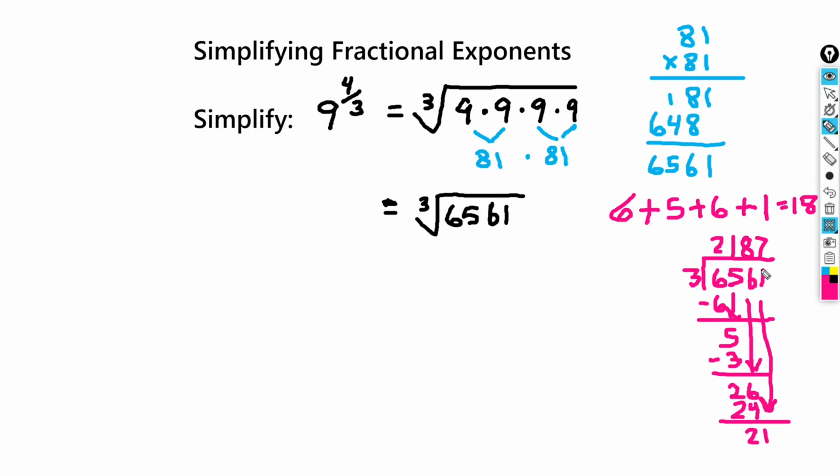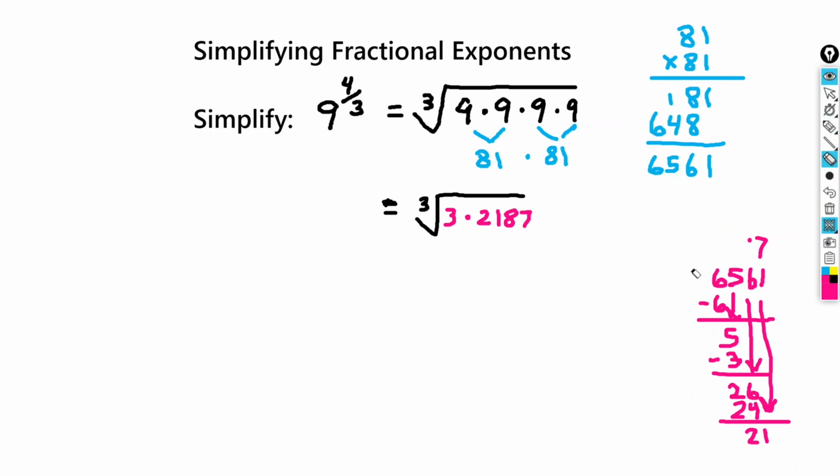Okay? So another way we could write this is 3 times 2187. And let's get rid of this stuff now.